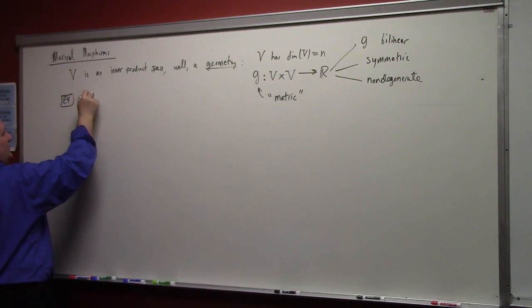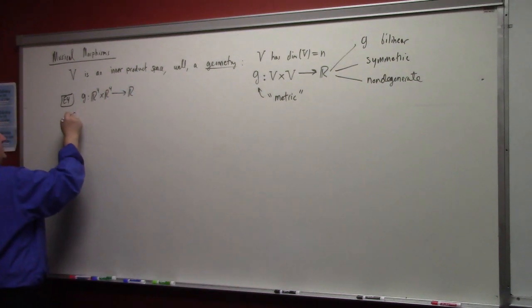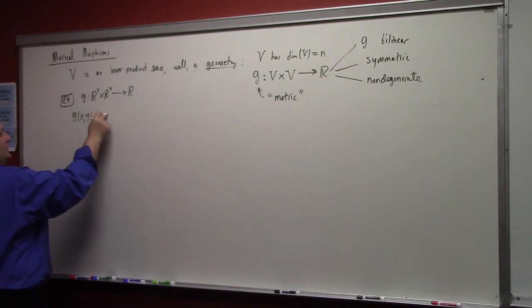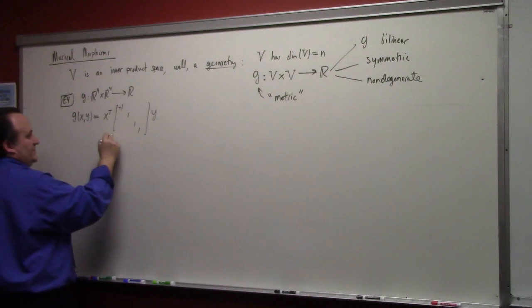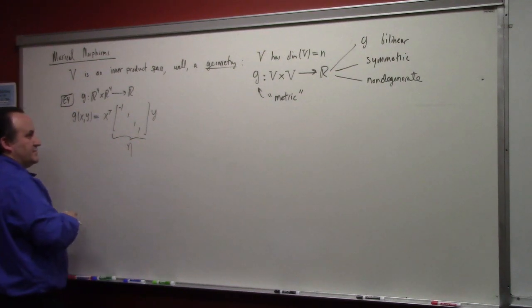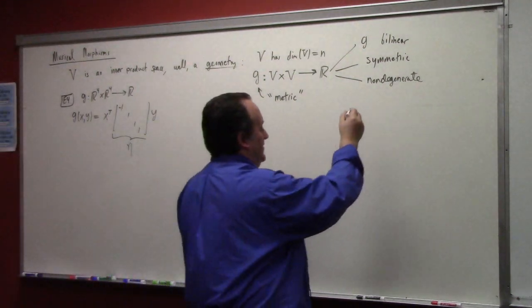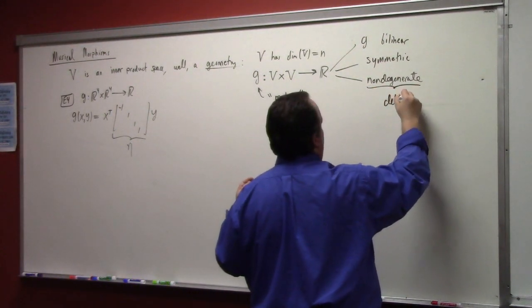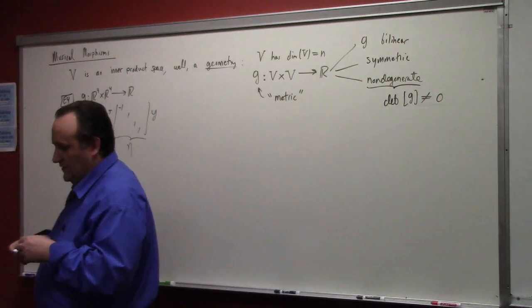If we had G on R4, you could say G of x, y is equal to x transpose times the matrix with minus 1, 1, 1, 1 on the diagonal, times y. This is the so-called eta matrix, with zeros everywhere else. You can easily check that this is bilinear, check, symmetric, check, non-degenerate. Non-degenerate just boils down to the determinant of the matrix of G not being equal to 0. The determinant of this matrix is equal to minus 1, so we're fine there.